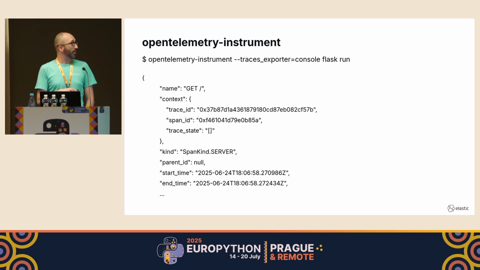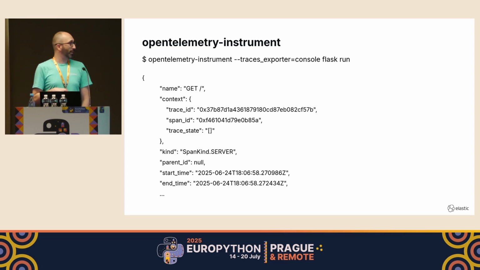So this is an example of how you can use OpenTelemetry instrument. Here we are just exporting traces to the console, so we have a nice output on the console. As you can see, it works as a wrapper of the usual command you would start your application with, in this case just Flask run, because it's a demo.